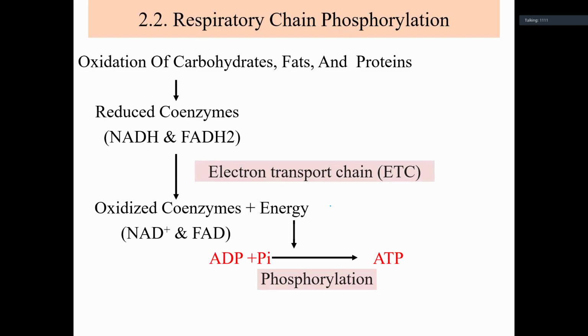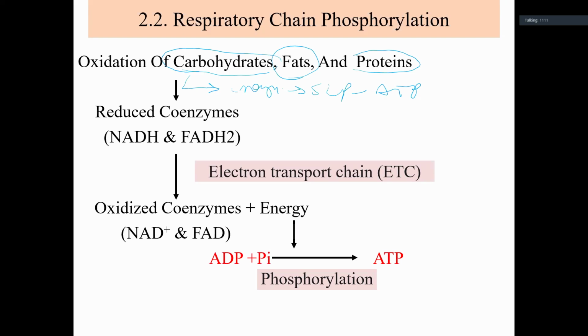So what happened now? You have carbohydrate. You took carbohydrate, fat, and protein. Then we burn it. When we burn it, step number 1 was energy, substrate level phosphorylation and ATP.